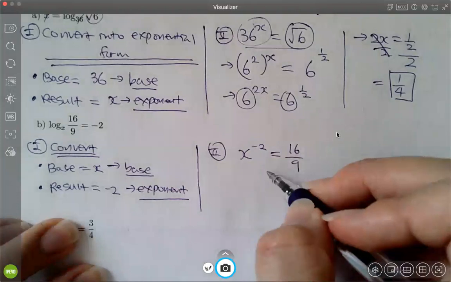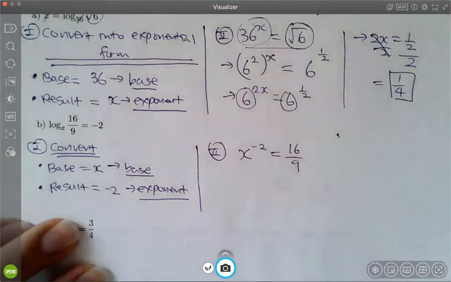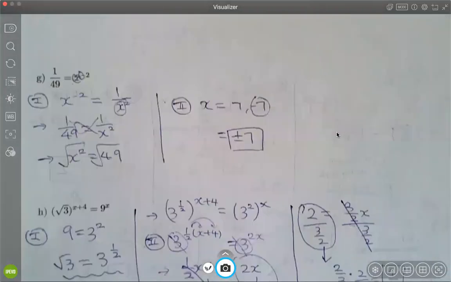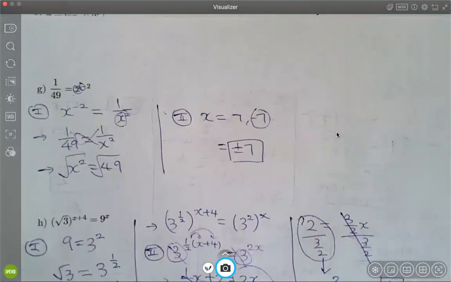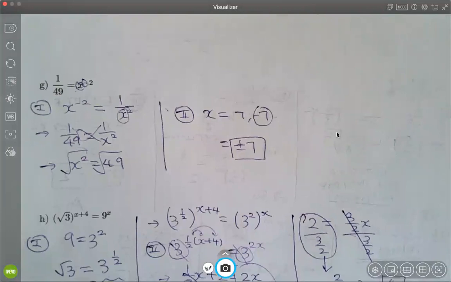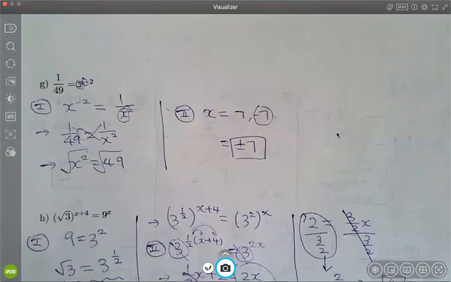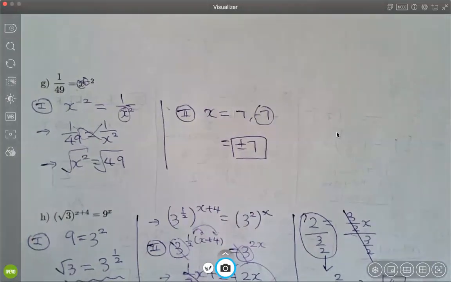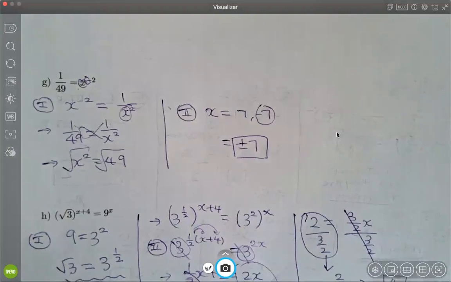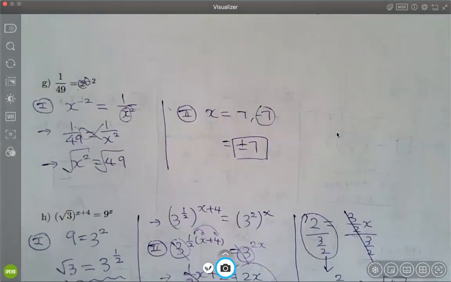Okay, so let me see if I can pull that out. Right there. Remember that? Okay, so what did we do here? We rewrote x to the power -2 in terms of 1 over x squared, and then we used cross multiplication.